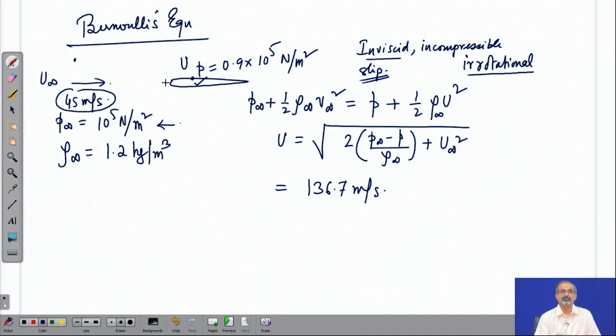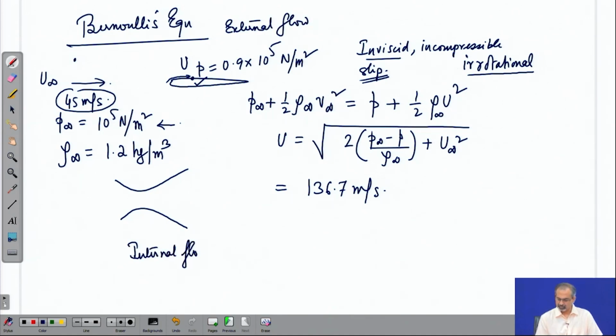That means the shape of the airfoil is such that the flow has accelerated considerably before it reached that point. Similar acceleration may be produced if you take this flow through an internal passage. This was an external flow past the airfoil. Similarly, you can have internal flow through a duct.